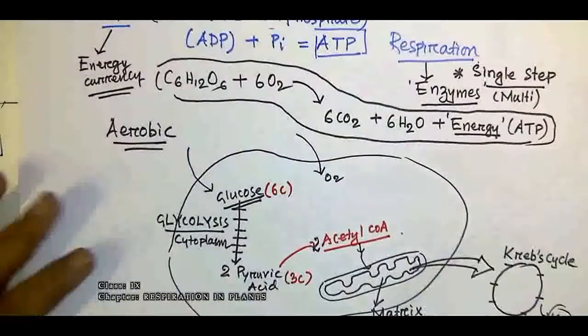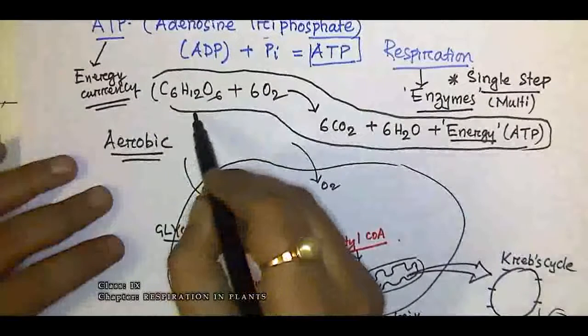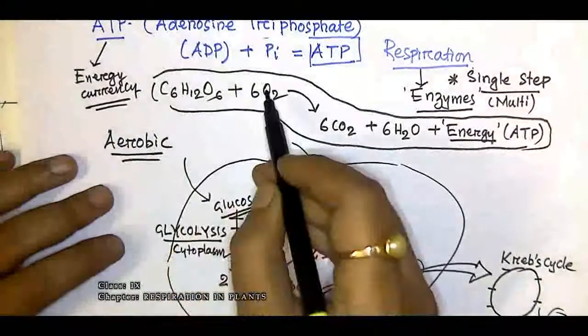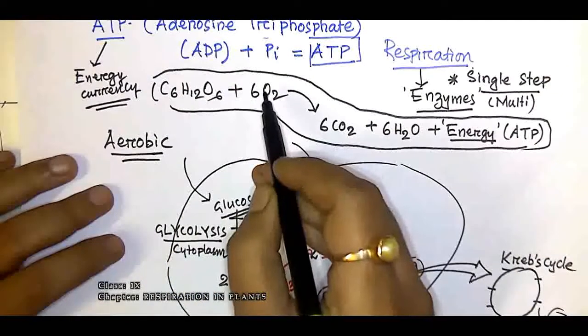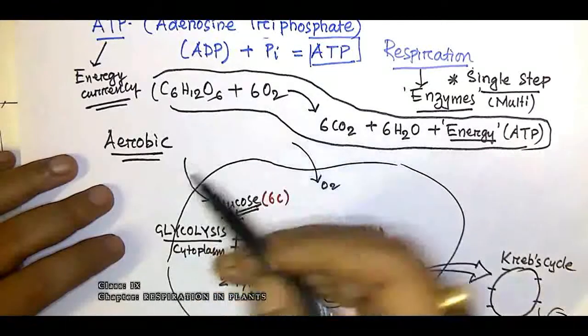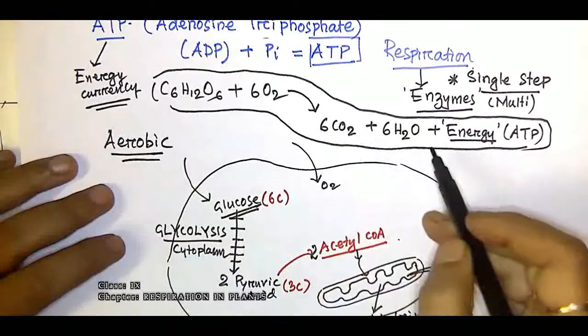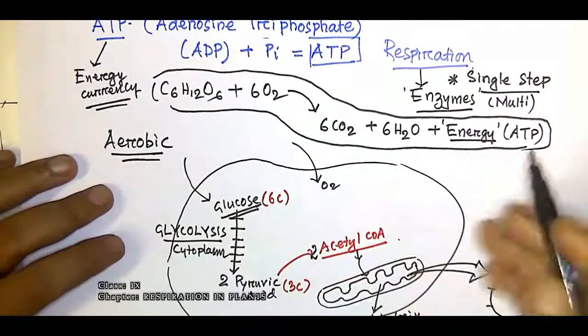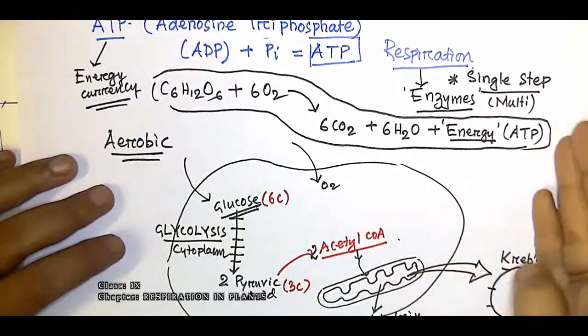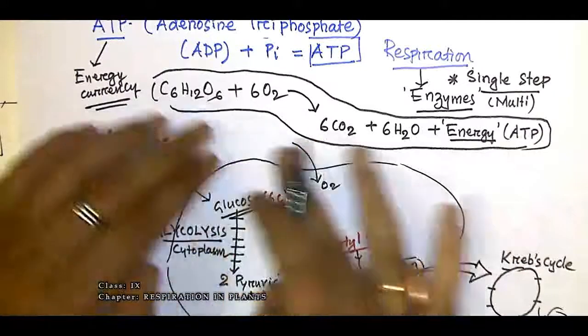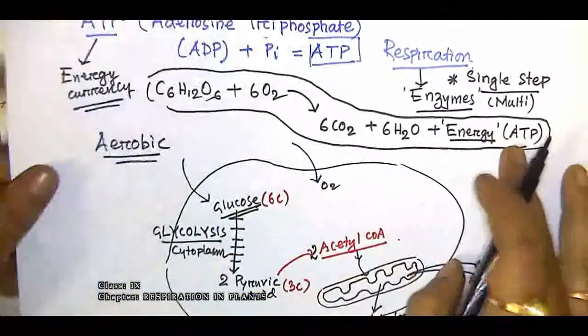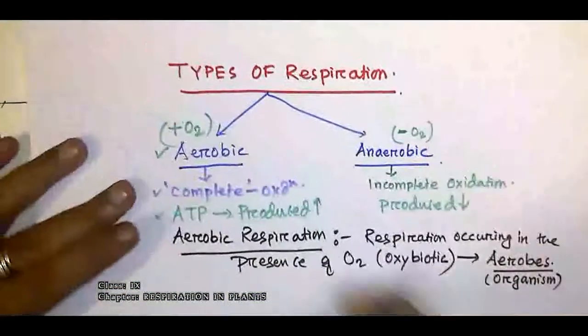This is your glucose. This is getting added with oxygen, and in the presence of oxygen, carbon dioxide is produced, water in the form of vapor is produced, and energy in the form of ATP is released. So this is the representation of aerobic respiration.